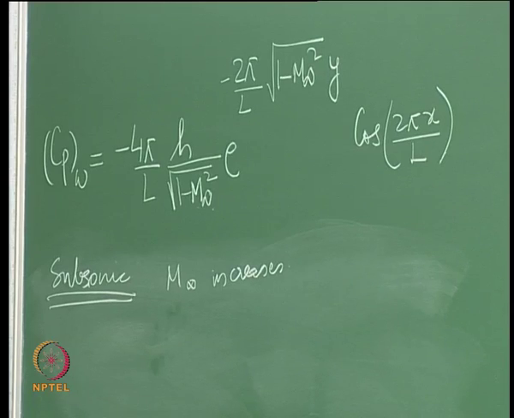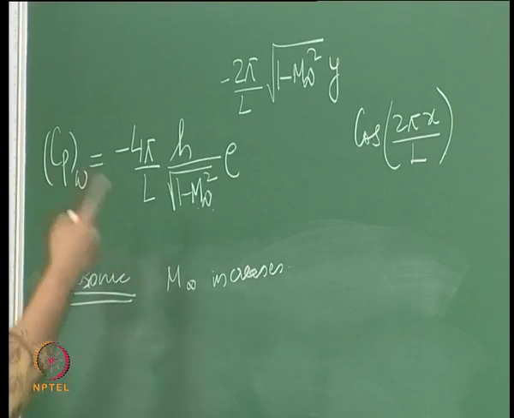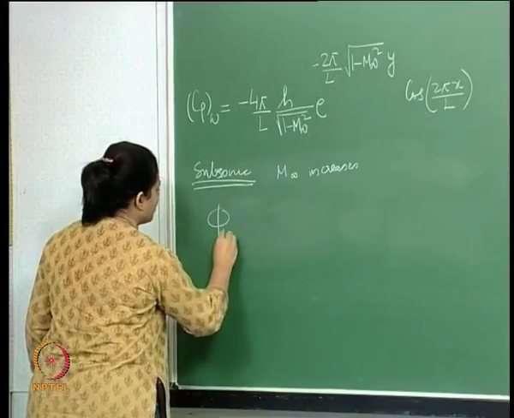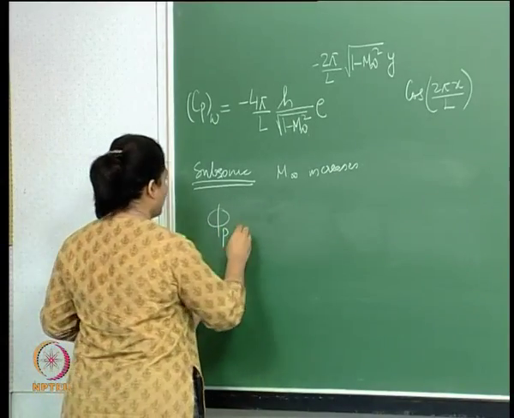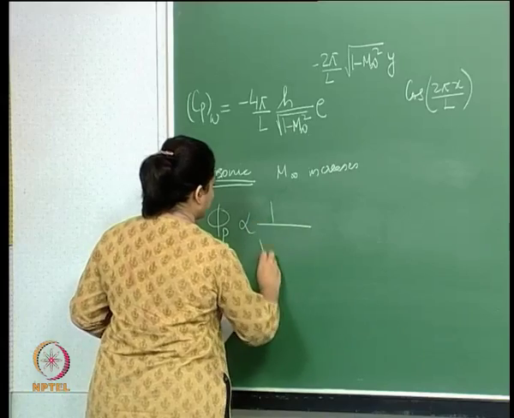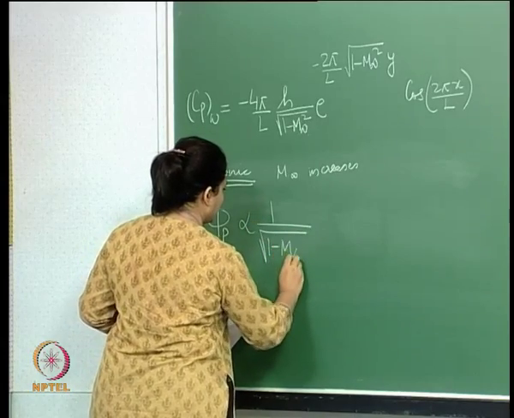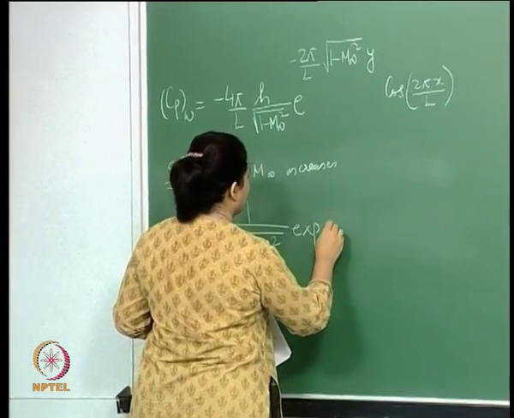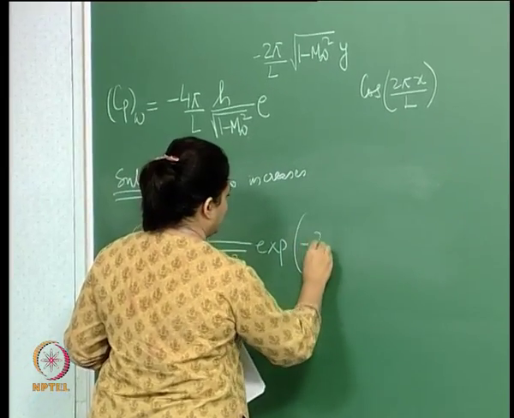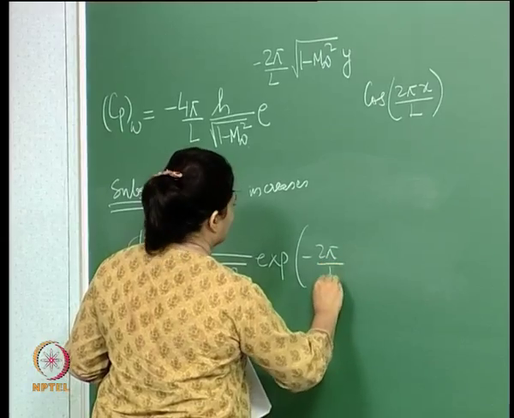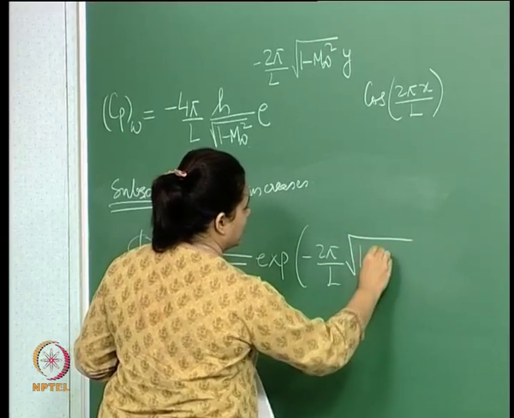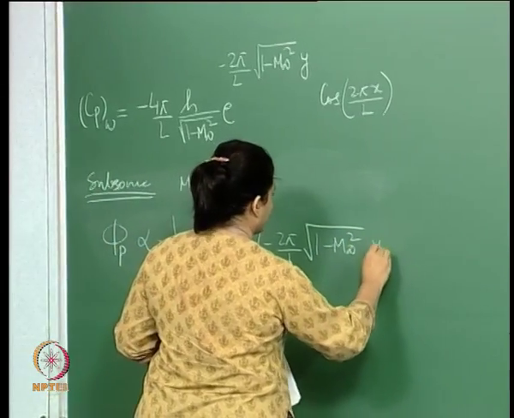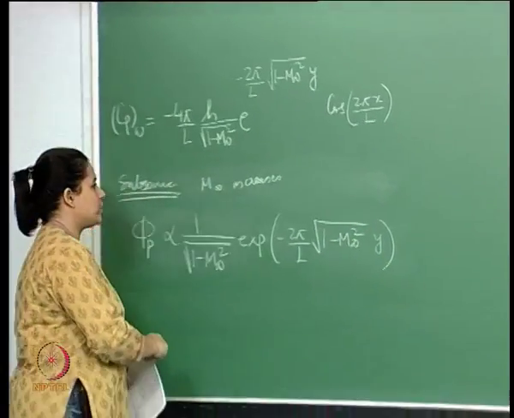Now let us also look at phi p. Let us look at also this. This is also proportional to this, right?